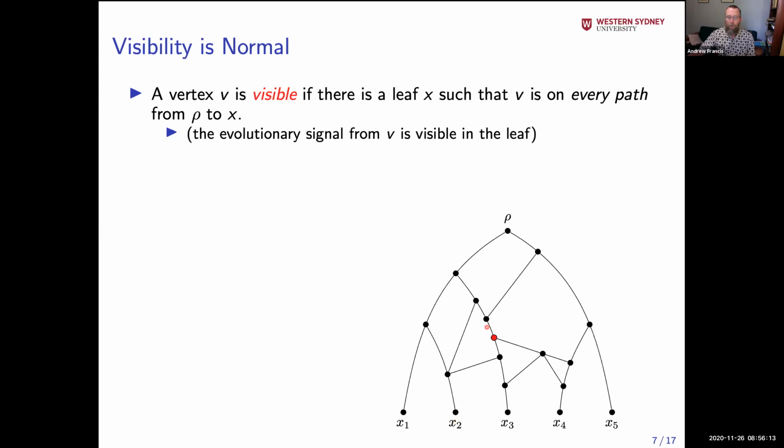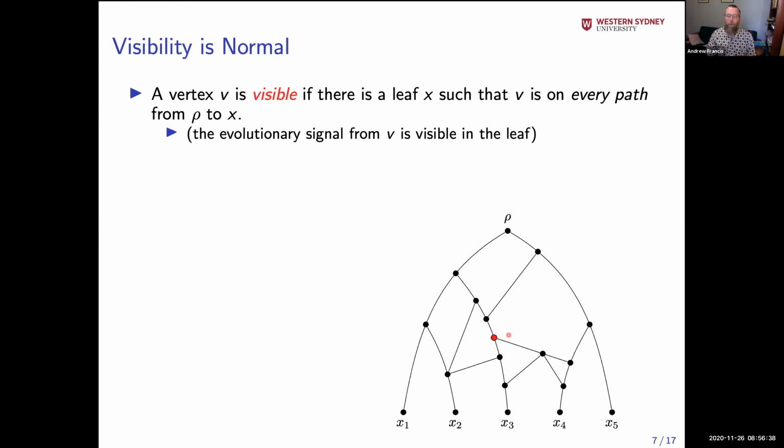You could come down here and get to the leaf. But there are other paths that avoid that vertex down here, for instance. Likewise, this one, there are paths from the root down to X4, but there are other paths that avoid the red vertex. But for X3, every path from the root to X3 goes through this red vertex. So that vertex is visible.